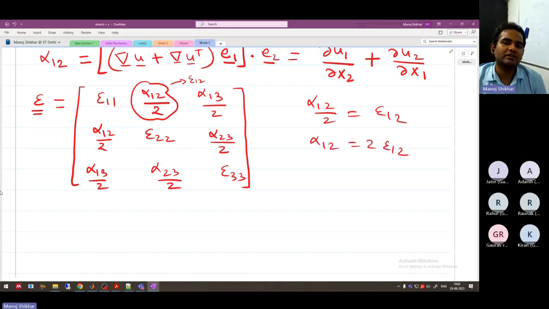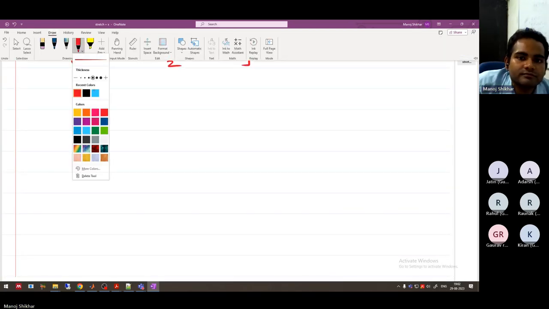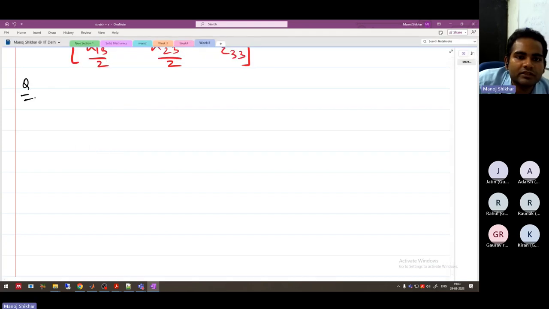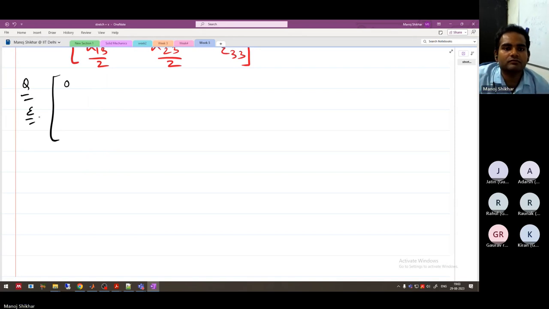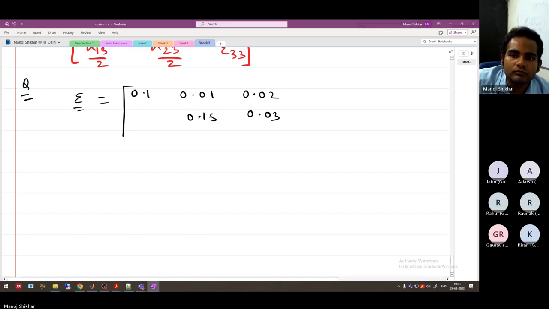Okay, let's do an example here. Maybe by example, you may be able to remember this. Suppose I give you the epsilon matrix as follows.